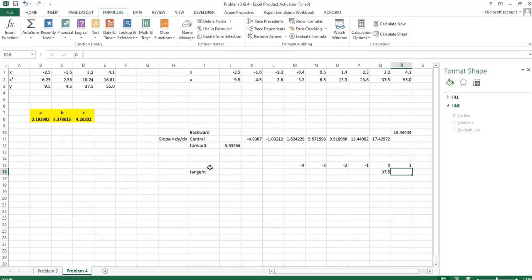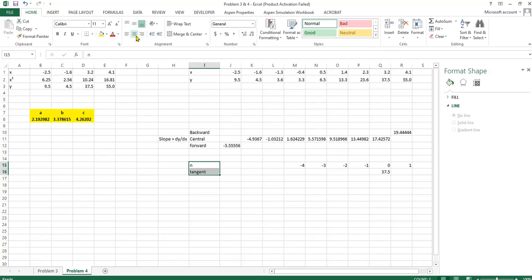Now here is the n value. Now let's center them. Go to home, we'll press the center button. So now to get this point, it will be equal to, this is your y value.